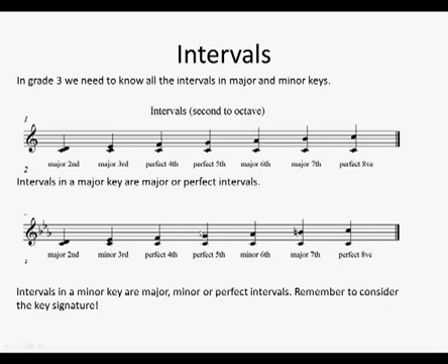Perfect fourth, perfect fifth, minor sixth because of this A flat, major seventh, of course, because the seventh has been raised, so it's the same as in the major key, and then again this perfect octave. So remembering that in a minor key we have major, minor, or perfect intervals.